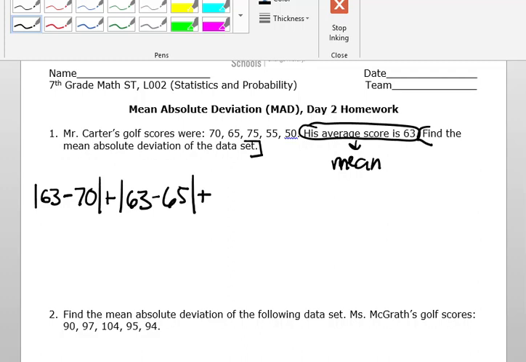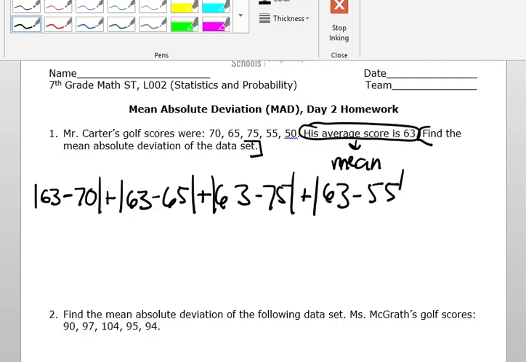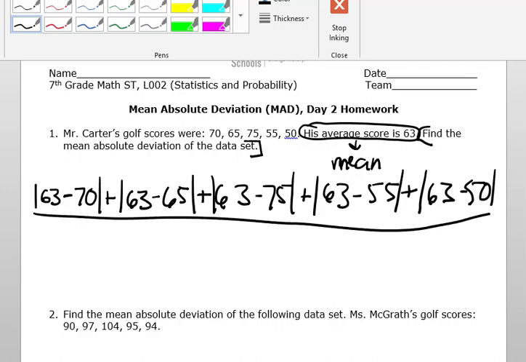Okay, the absolute value of the difference between 63 and 75, plus the absolute value of the difference between 63 and 55, plus the absolute value of the distance between 63 and 50, okay? And I'm going to take that all, and I'm going to divide it by the number of points, and that's 5.